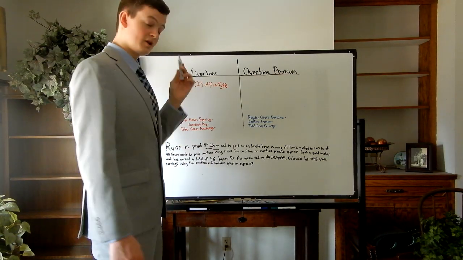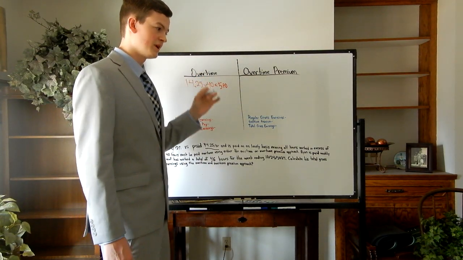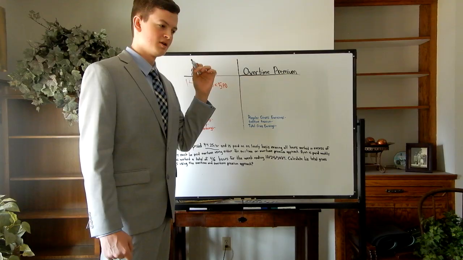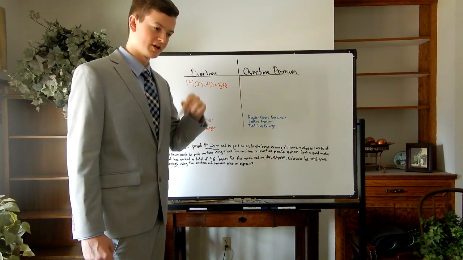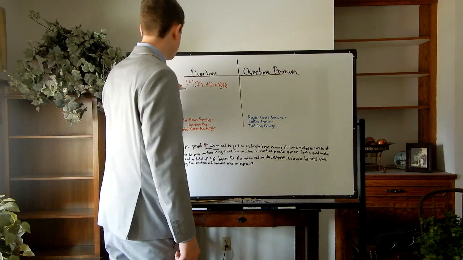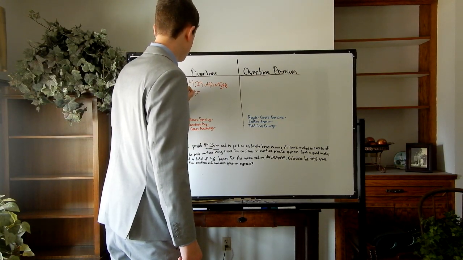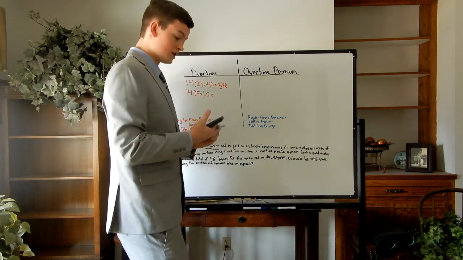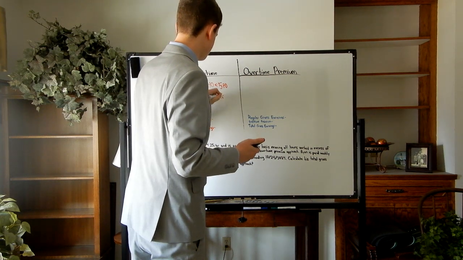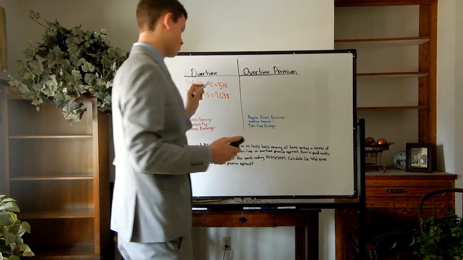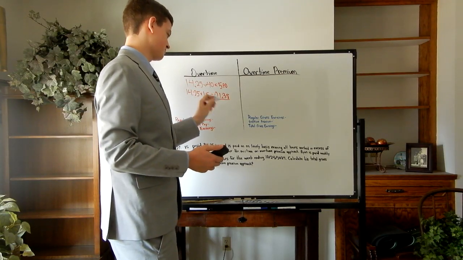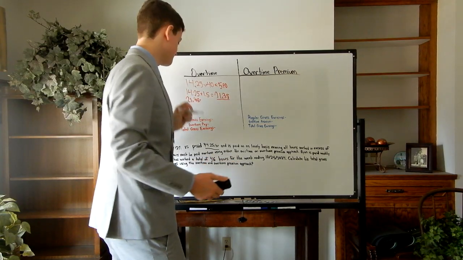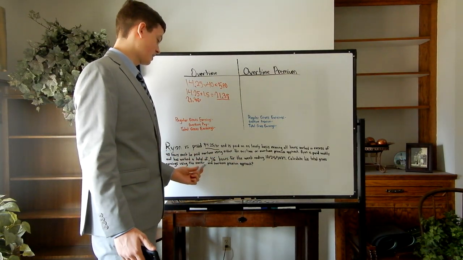Now, for the overtime, under the overtime approach, employees are paid 1.5 times their regular rate. So, you take $14.25 times 1.5 to get $21.38 for your rate. Now you take this rate, $21.38, times how many overtime hours he worked, meaning how many hours in excess of 40?